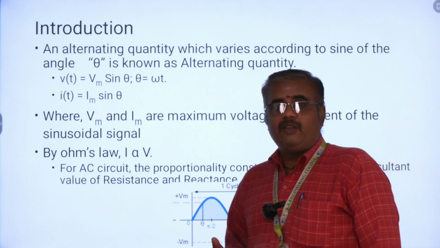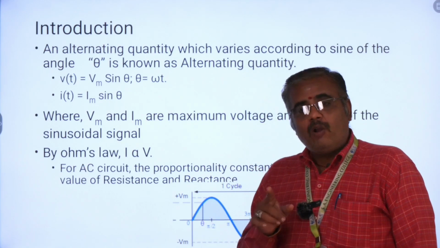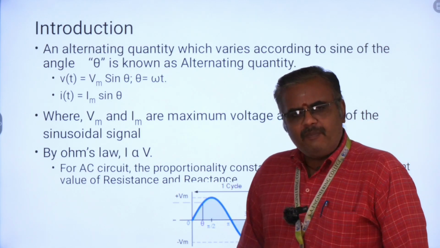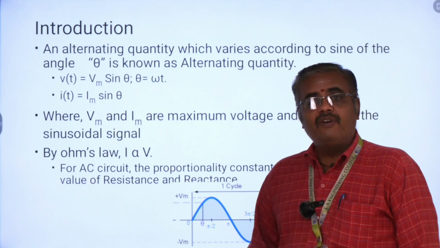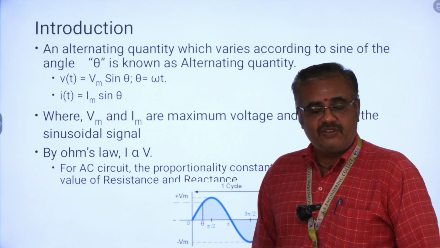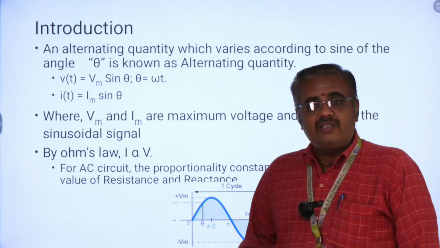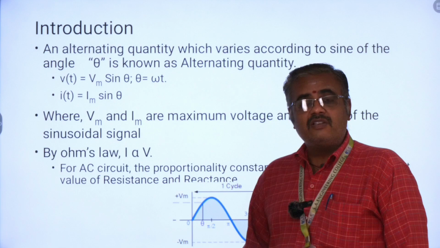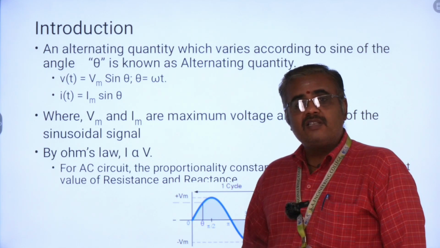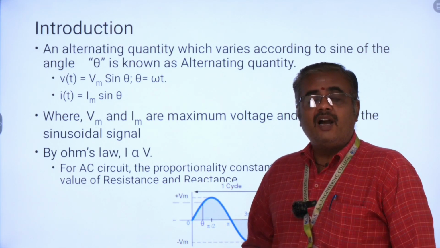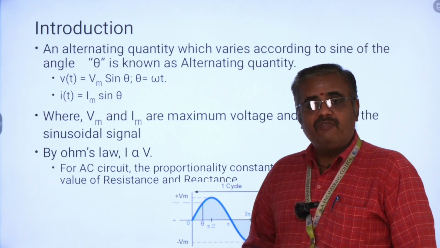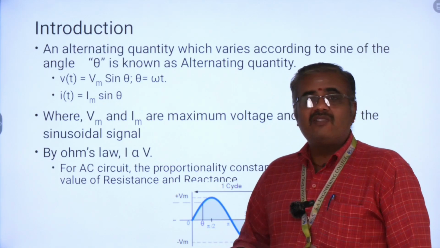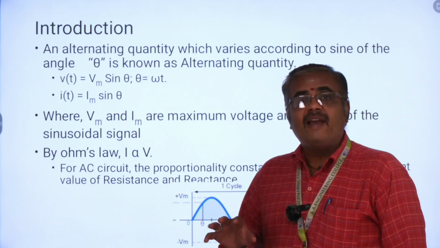Now when we talk about AC, here it will not be resistance alone, you will call it impedance. What is impedance? Impedance is the resultant value of resistance and a term called reactance. Where does reactance come from? An AC circuit may have resistance, inductance and capacitance, and the inductance and capacitance depend upon frequency, and AC signals deal with frequency, so the inductance and capacitance are inferred as reactance, and these are imaginary values.